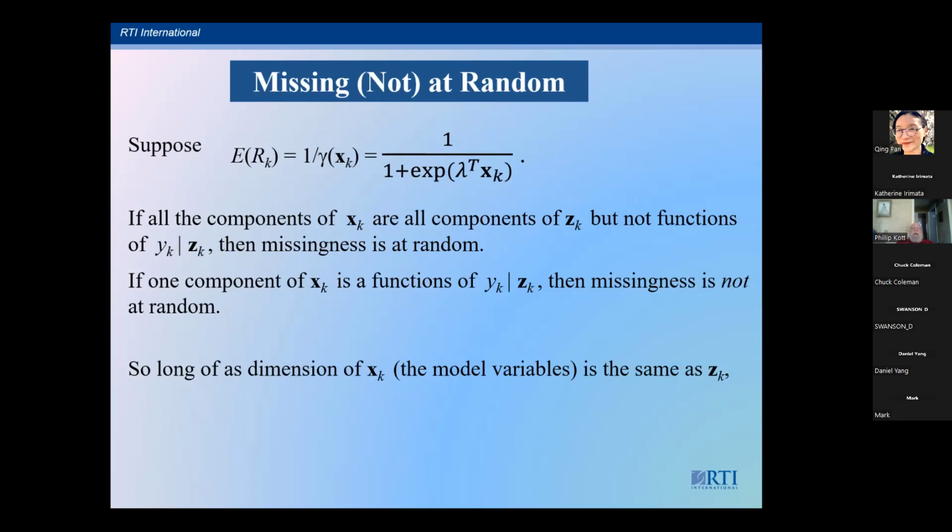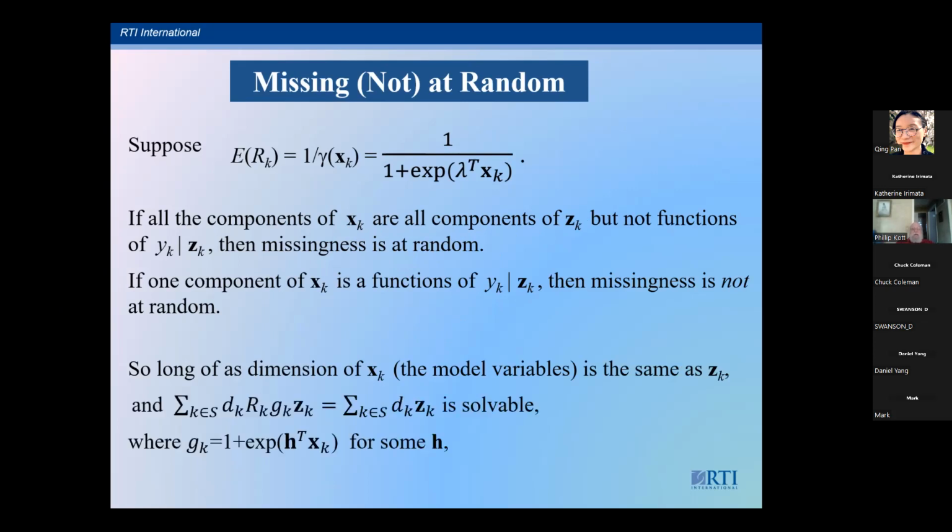So long as the dimension of x and z are the same, and g follows the calibration equation, which is in z's, then the logistic function of the x is unbiased in some sense. So we went from missing at random to missing not at random by just changing z to x and saying x can be a function of y.